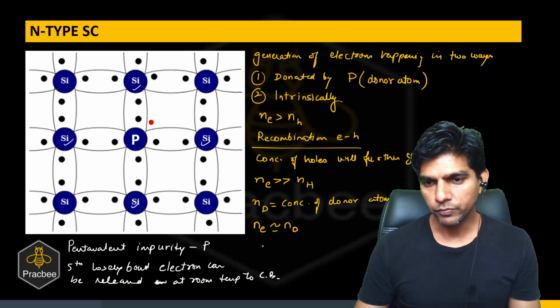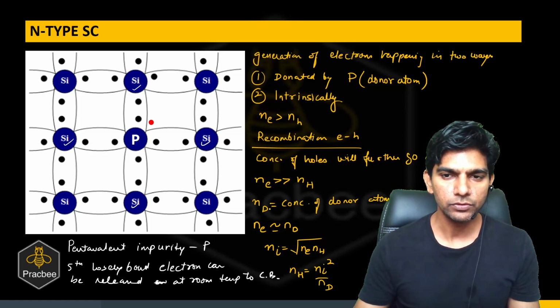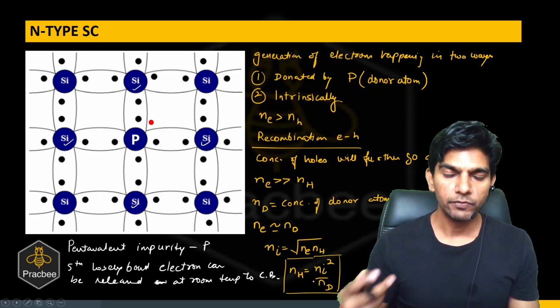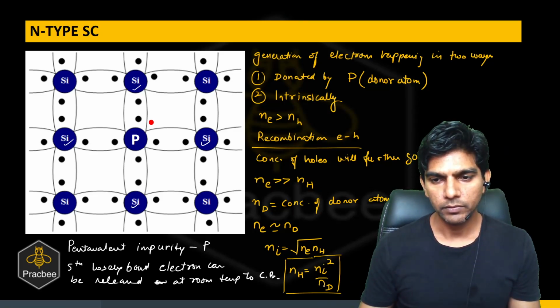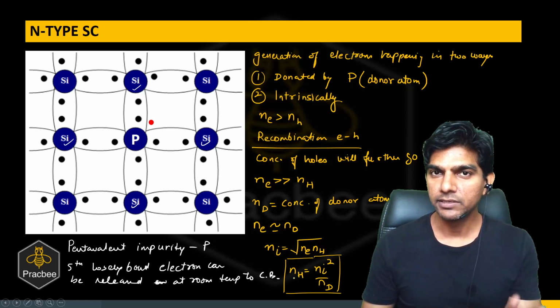Then if we want to find the concentration of holes, we can use the formula Ni is equal to root of Ne times Nh. So Nh will be Ni square divided by Nd, because Ne is nearly equal to Nd. So we should remember this. Usually, what type of question can be asked? We will be given Ni, we will be given Nd, and we have to find the concentration of holes. I think this concept is clear.